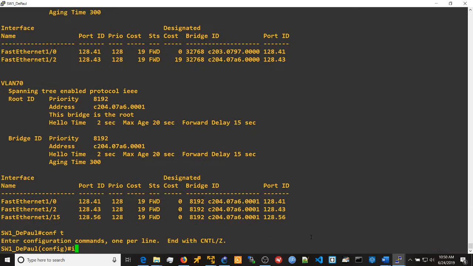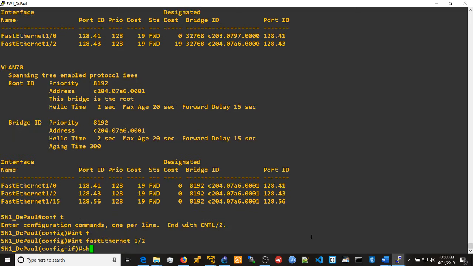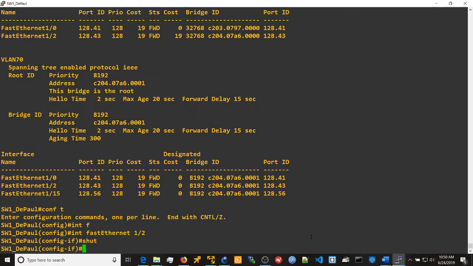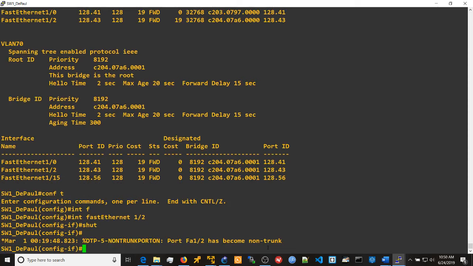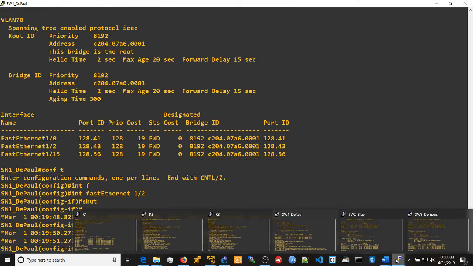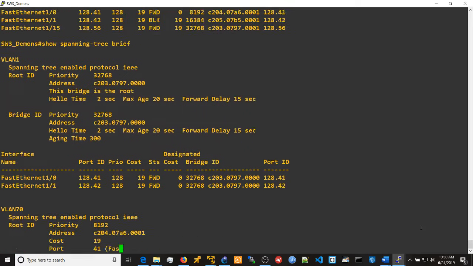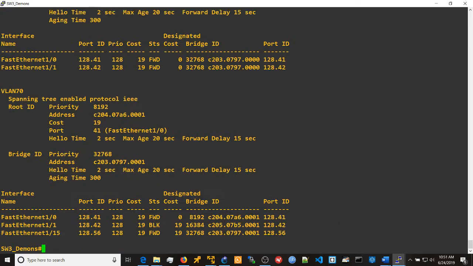config t, interface Fast Ethernet 1/2, shut. Let's go to switch number 3 and see spanning tree brief. So it is blocking still.